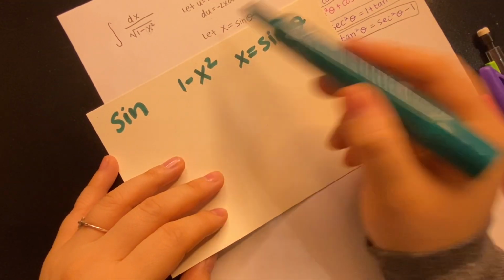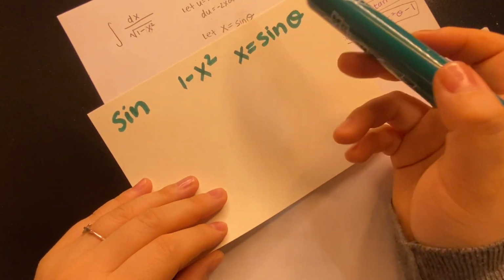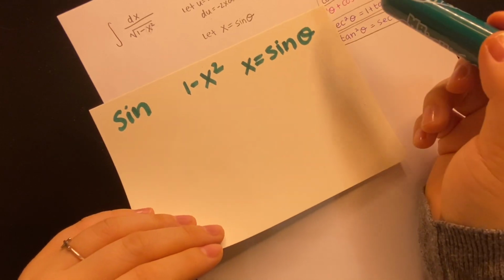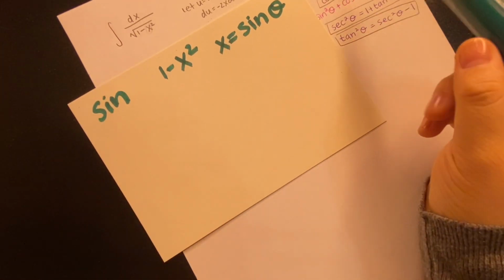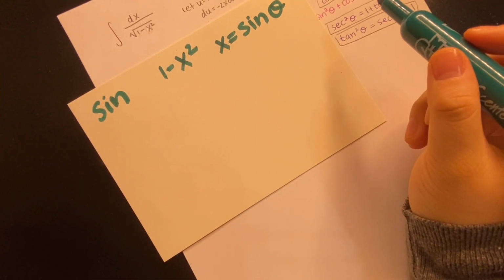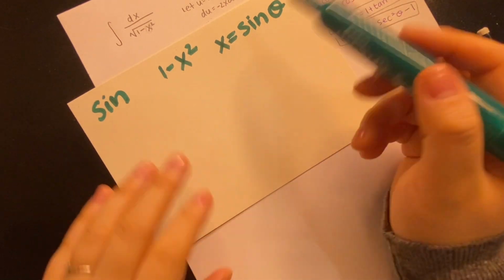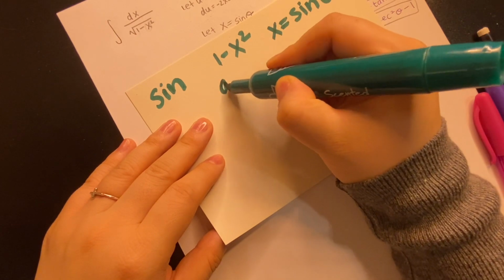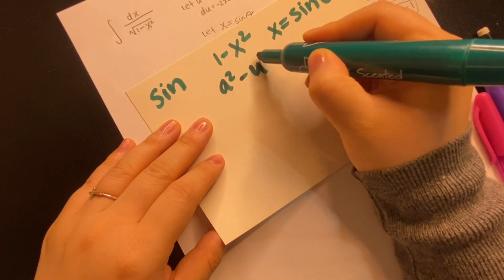It might not even be under the square root, but usually that's the ideal case, because you'd have the square root of cosine squared theta. But just anything of this form in general. And along those lines, you might see this a squared minus u squared thing.